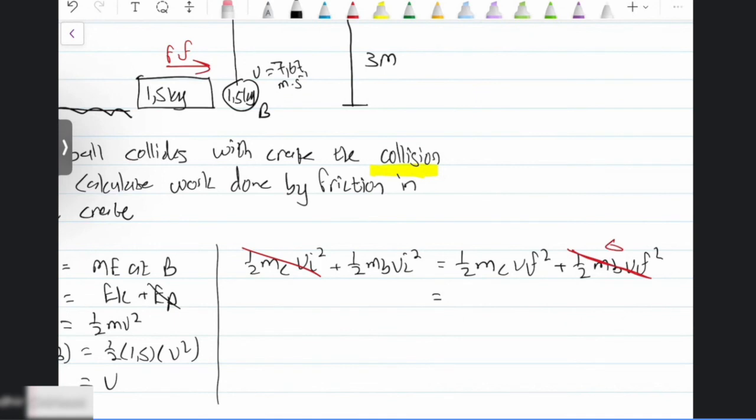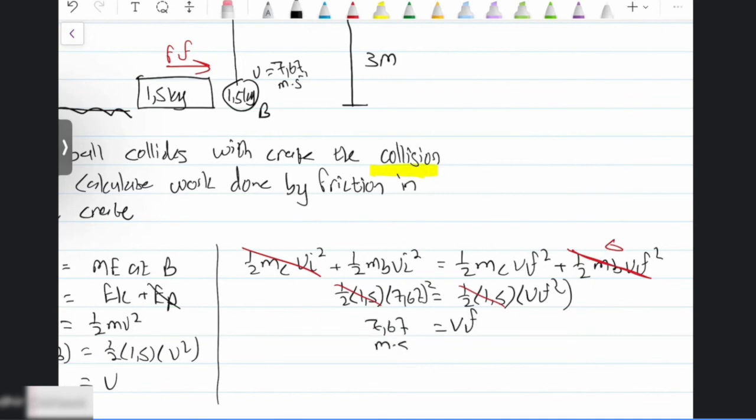So we're going to say that a half of the 1.5 times the velocity of 7.67 squared is equal to a half times the mass of 1.5, because it's the same mass throughout, times this VF squared. Because everything pretty much remains the same here, VF squared is actually just going to be 7.67.